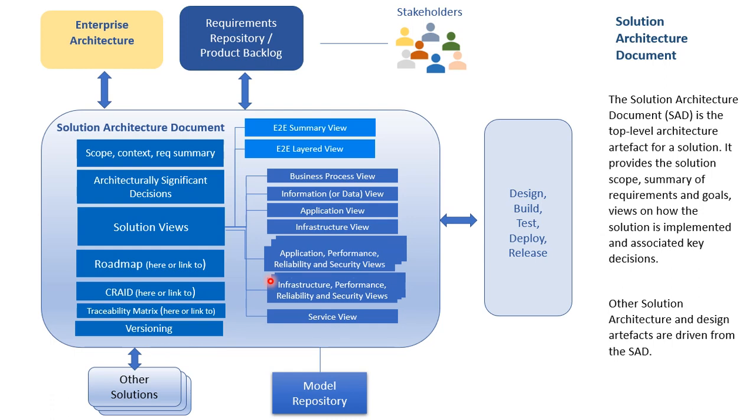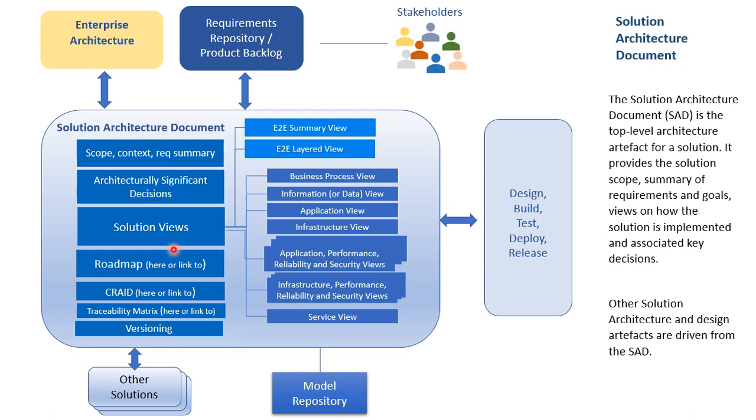And the structure is fairly clear. So you're scoping your solution, you're outlining your requirements, you're justifying your key decisions, your architecturally significant decisions that are going to shape the solution. And probably the key part is the solution views.